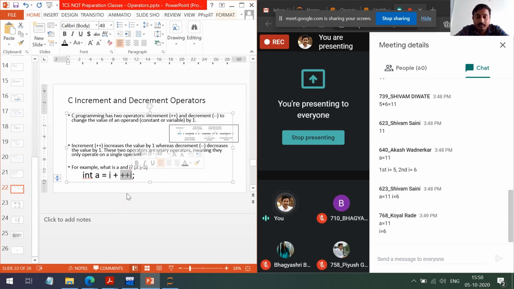So first you increment the value of I, so I will become 6 and then you replace by that. So now what is the value of I? It is 6. So it is 6 plus 6, that is 12. So a will become 12, and the value of I will be 7. There will be no doubt regarding the value of I, it would be 7 only. The value of a will be 12.